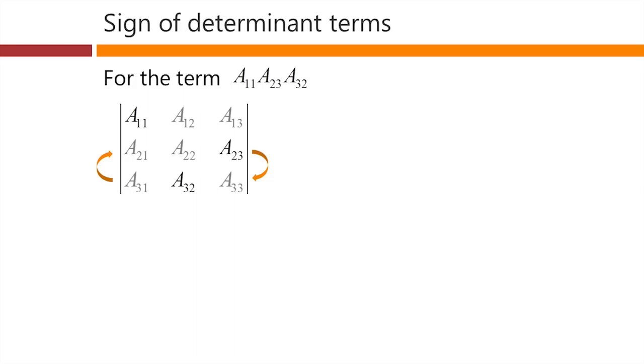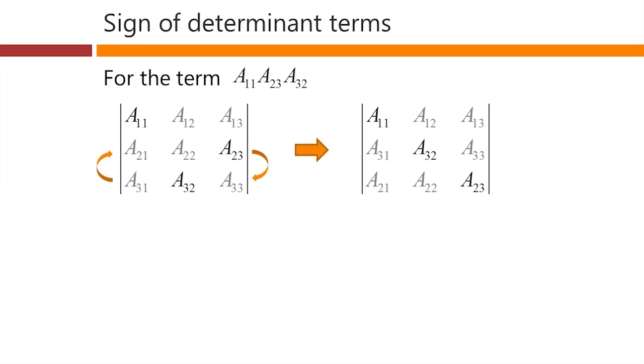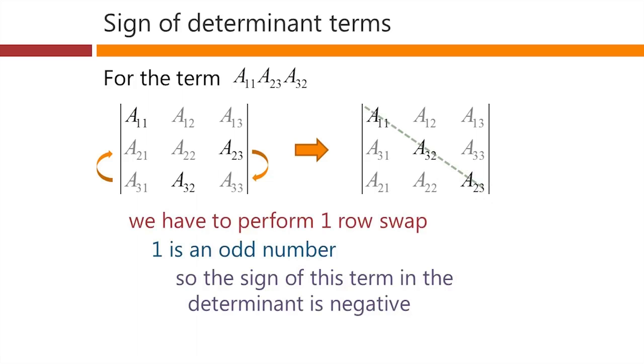So if we swap this row and this row, then we find that we have managed to get all of these black elements on the diagonal. So we can say that in order to get this term so that all of the elements are lying on the diagonal, we have to perform one row swap. 1 is an odd number, so the sign of this term in the determinant is going to be negative.